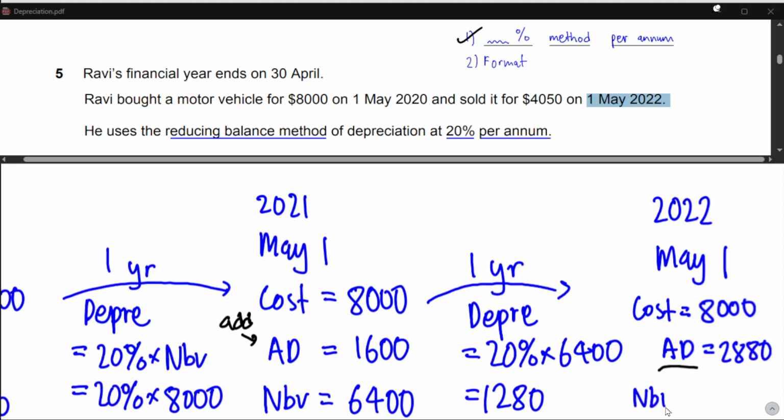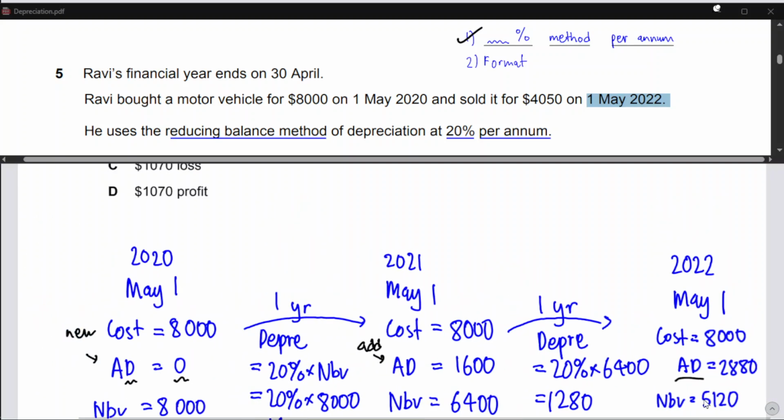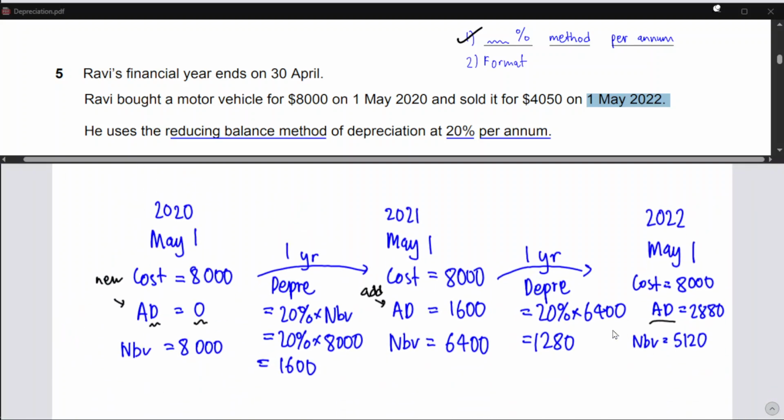So the net book value will be cost minus AD, so 8000 minus 2880.